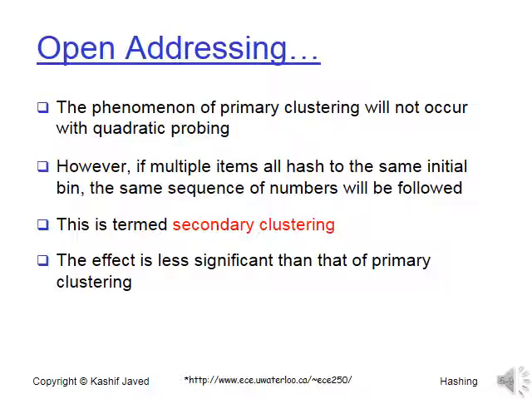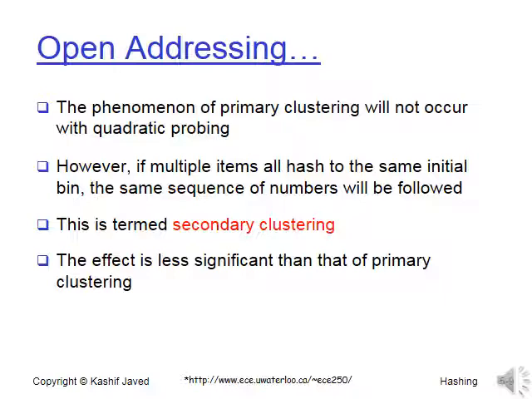What it implies here is that in practice, secondary clustering becomes an issue when your load factor is high, especially if it's above 0.5. This is because at most half of the table can be used as alternative locations to resolve collisions.